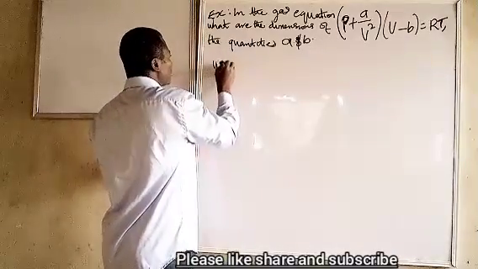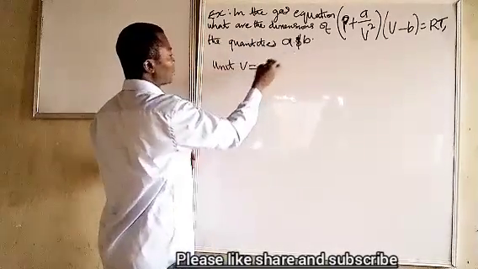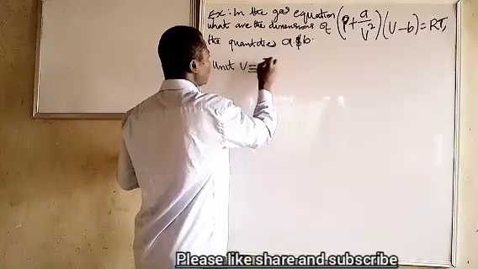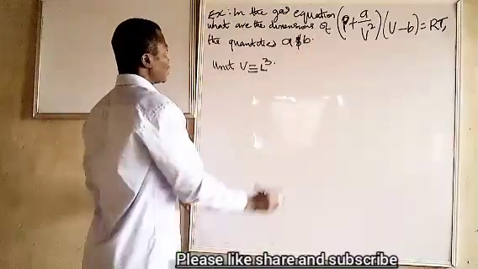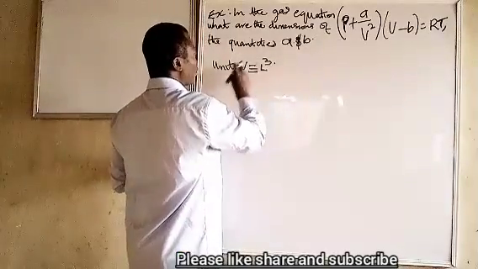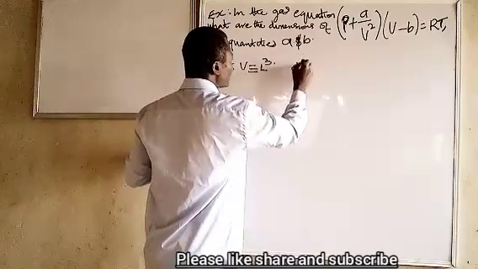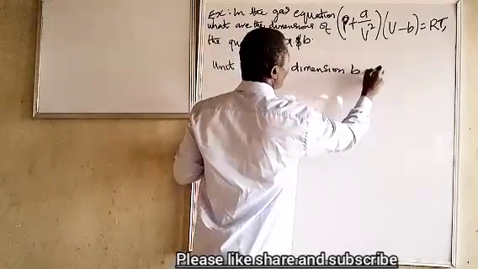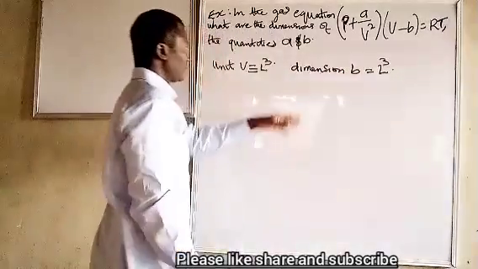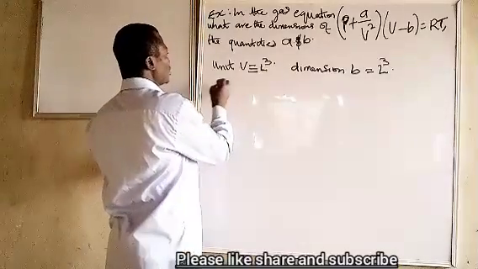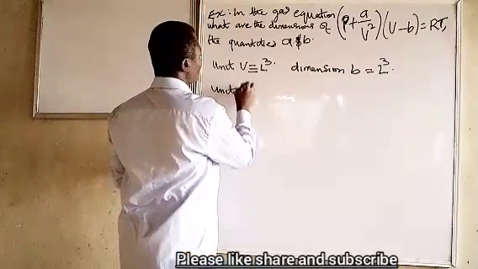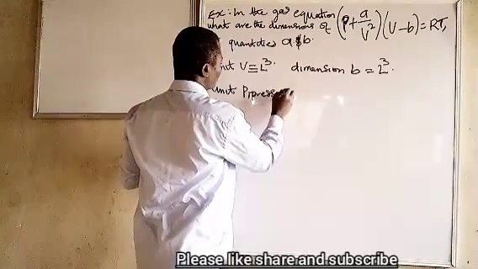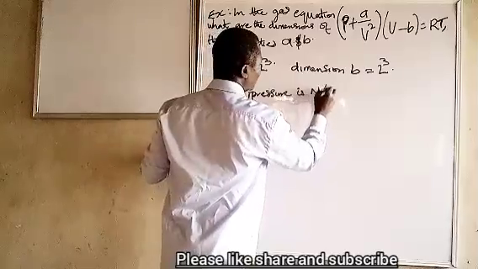So unit of B is equivalent to L cube. So the dimension of B is L cube. So let's look at the other one. The unit of P, which is pressure, is Newton per meter square.